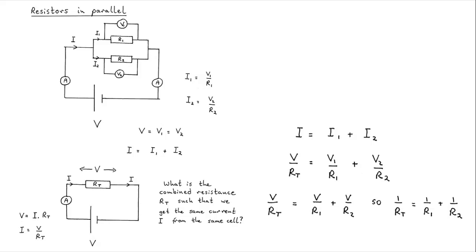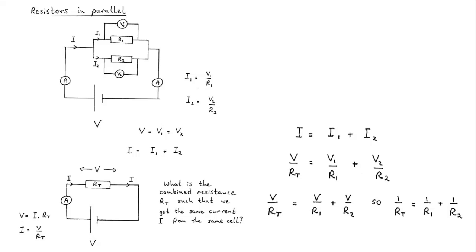Now, down below, we're asking ourselves, what is the combined resistance RT such that we get the same current I from the same cell as we did when we had 2 resistors in parallel? Okay, well, from this bottom circuit diagram, I'm saying V equals I times RT, so I equals V over RT. Let's move to the right-hand side of the screen here. I equals I1 plus I2.